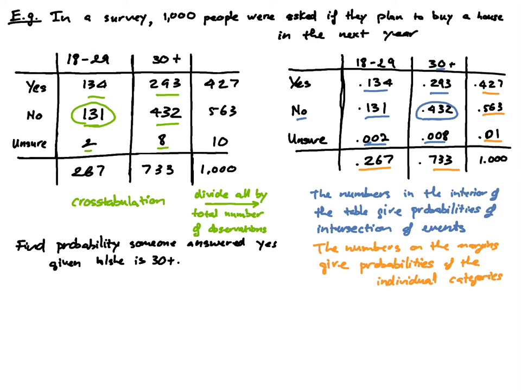I think the most straightforward thing to do here is to just apply the formula, because we already have a bunch of probabilities. So here we want to find the probability of yes, given 30 plus. This is going to be equal to the probability of the intersection of yes and 30 plus divided by the probability of 30 plus.